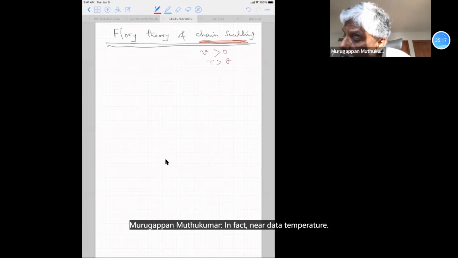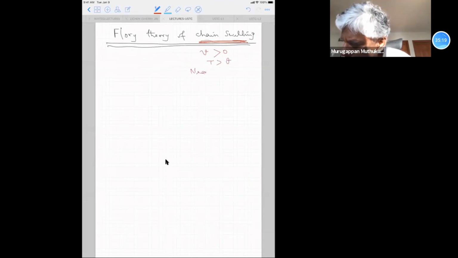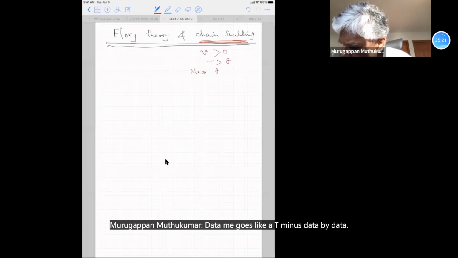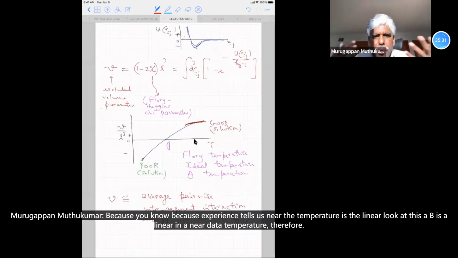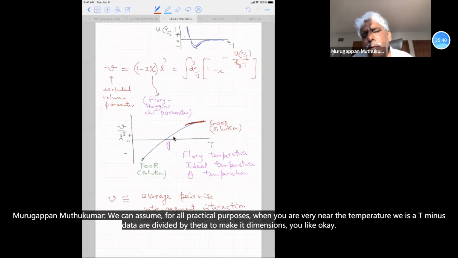In fact, near theta temperature, V goes like (T minus theta) by theta, because experience tells us near the theta temperature it is linear. Therefore, for all practical purposes, when you are very near theta temperature, V is (T minus theta) divided by theta, to make it dimensionless, if you like.